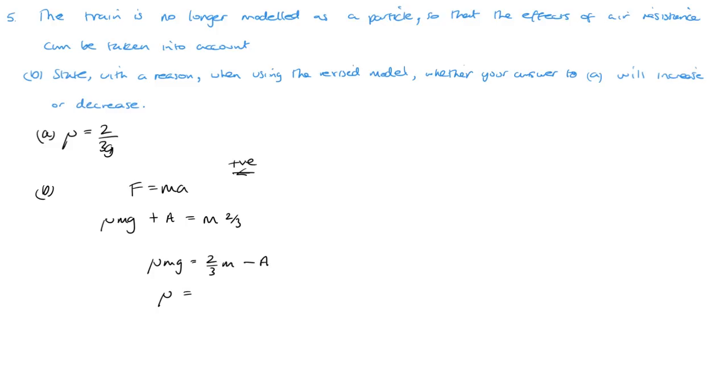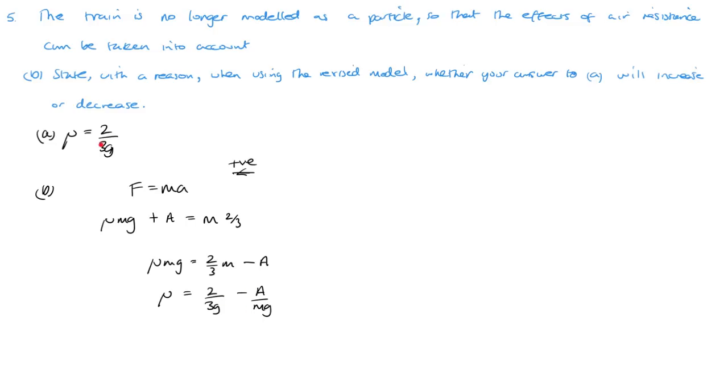So mu equals, divide by the mg, we get 2/3g like before, but we get minus a over mg because we're dividing by this mg. So this is the same value as before, but we've also got minus now this value, which is the air resistance divided by the mass times gravity.